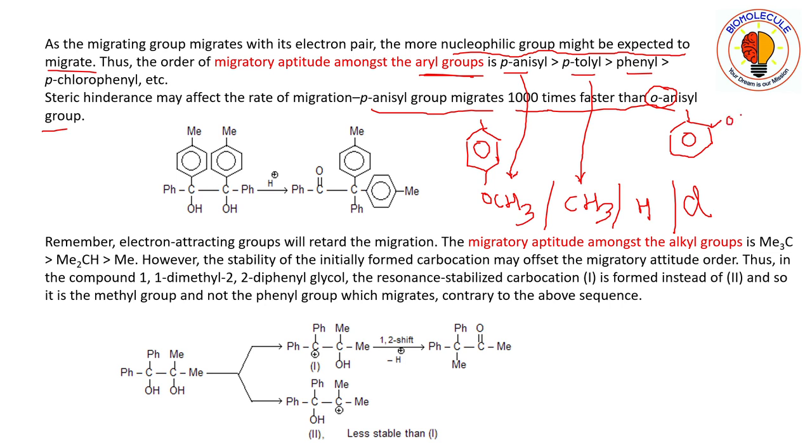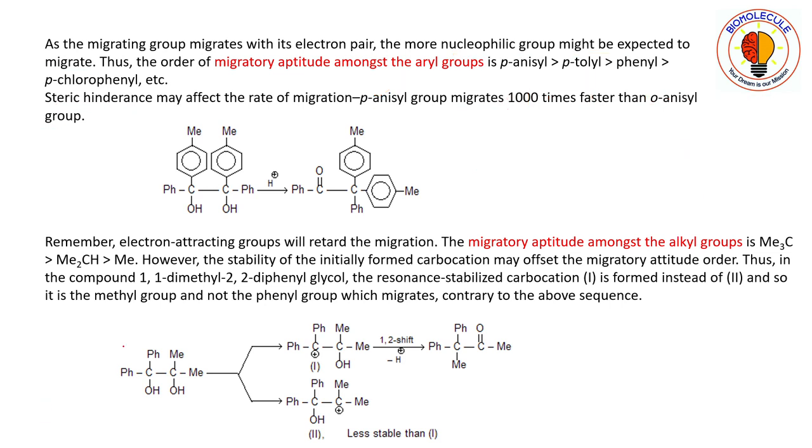Due to steric hindrance, this phenyl group substituent here and this OCH3 may undergo some steric hindrance. So the para-anisyl group migrates 1000 times faster than the ortho-anisyl group.